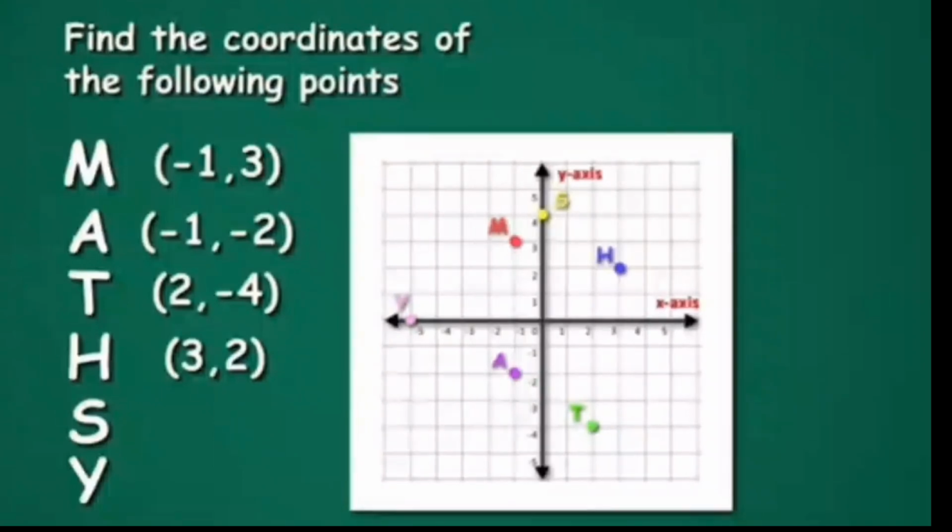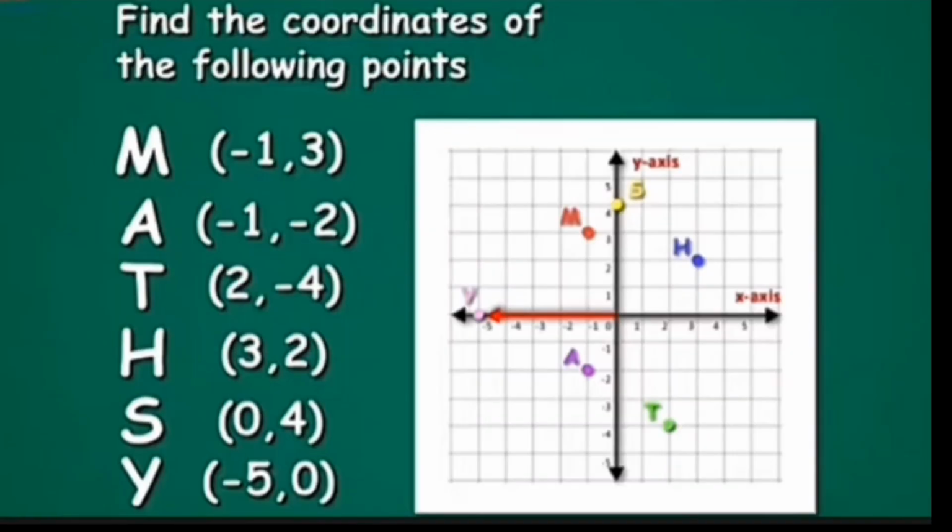The x-coordinate is 0 since there is no movement to the left or to the right of the Cartesian plane, but we have to move the point 4 units upward. Therefore, point S has the coordinate (0, +4). Last is point Y. It is 5 units to the left of the origin and we didn't move up or downward, so point Y is (-5, 0).